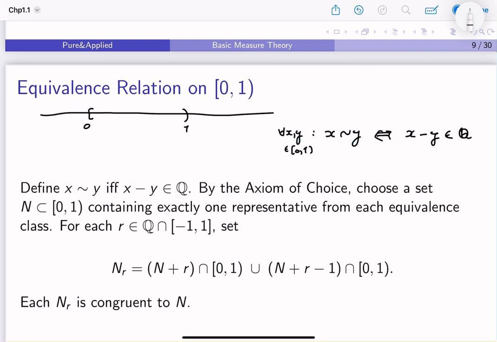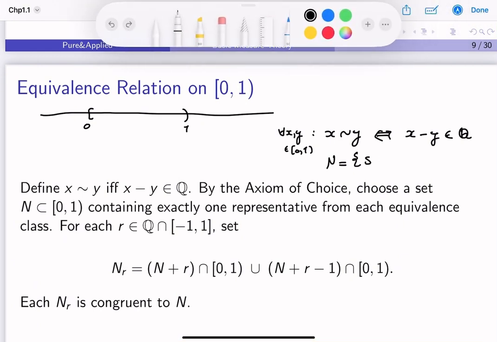And then we're going to consider representatives of this relation, okay? So in [0, 1], I'm going to take representatives of this congruence relation. In other words, I'm going to define the set N to be all the S in [0, 1] such that S is a representative of some equivalence class.